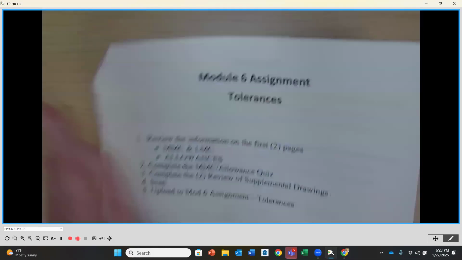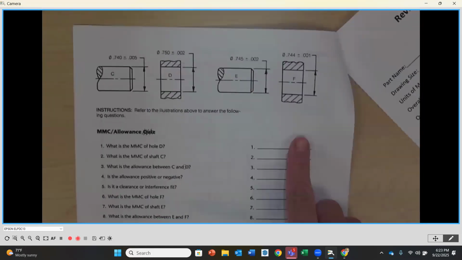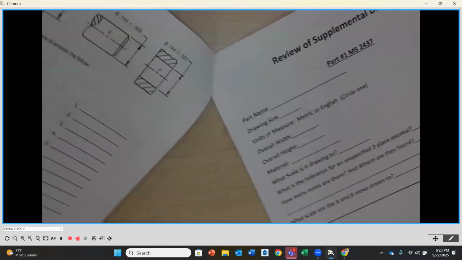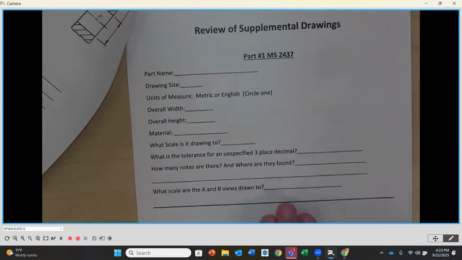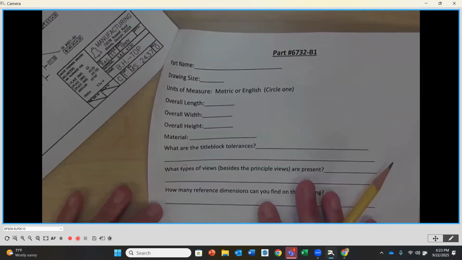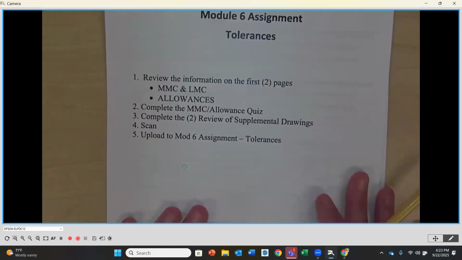Okay. So for this assignment, the things you're going to be handing in are this MMC allowance quiz, and also the answers to the first supplemental drawing and the second supplemental drawing. Now, I realize if you aren't in class here, I made copies for everybody.